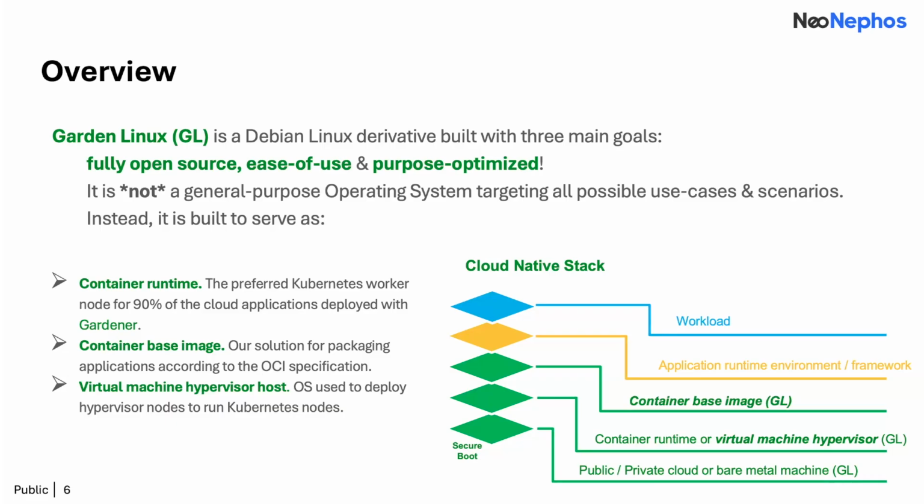It doesn't need to be Garden Linux, but it can be Garden Linux. And on top, you have then the other application runtime environments and frameworks. I mean, we have a lot here in the NeoNephos Foundation as well. I don't know, service mesh and whatnot presentations we haven't seen in the last community meetings. I'm not referring to all of them because they are just working on top of Gardener, and so therefore they don't know probably that they're using Garden Linux.